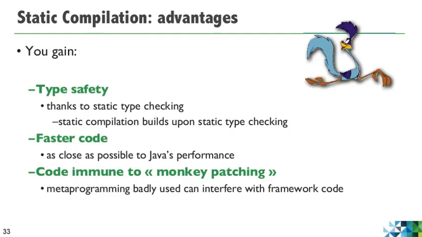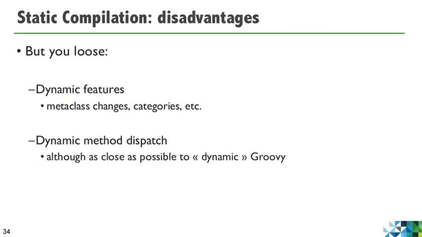So what does it look like? Oh yeah, before speaking about what it looks like, the disadvantages. So just like when you use static type checking, you lose certain dynamic features.